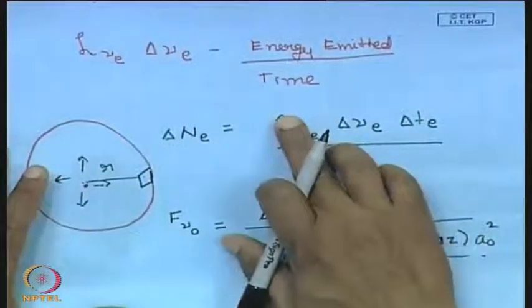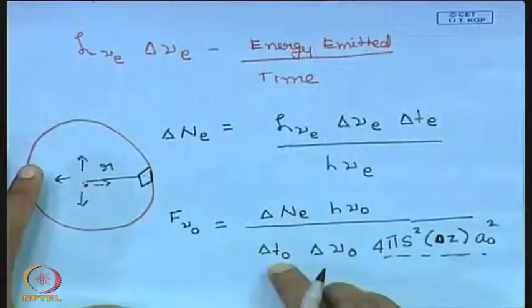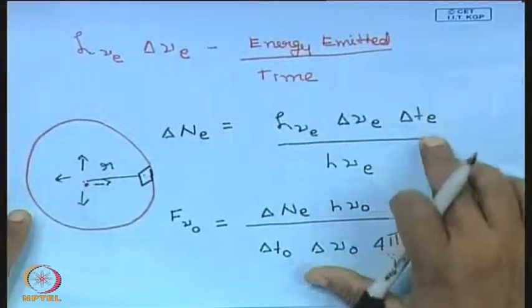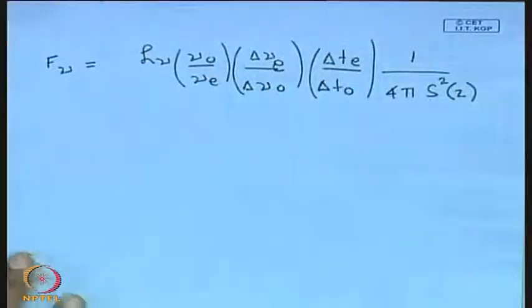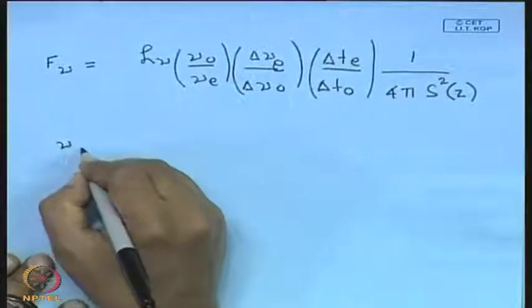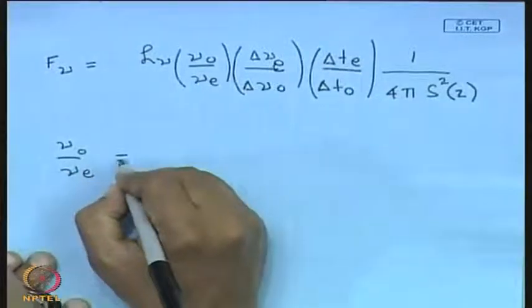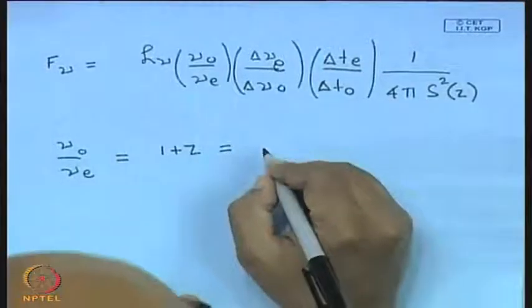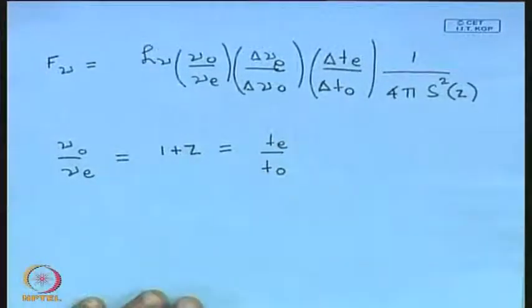So, I have just put this delta nu over here. So, I will have the ratio of delta t emitted by delta t observed, nu observed by nu emitted, and delta t and delta nu ratios. Okay. So, this is what I will get. Fine. Now, we also know that nu observed by nu emitted is equal to 1 plus z, which is also equal to t emitted by t observed.